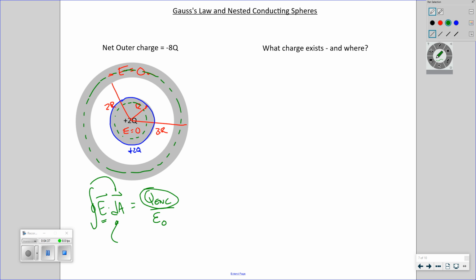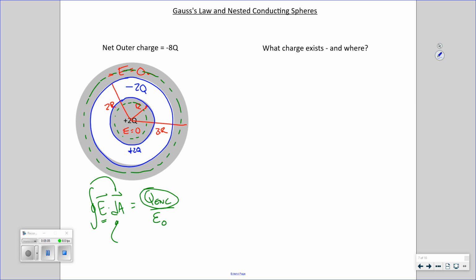It exists in a region where across the surface there's no electric field, and that means the surface must enclose no charge. Since there is charge positive 2q on the outer surface of the inner conductor, there must be an equal and opposite charge, negative 2q, there. For this Gaussian surface, if E equals 0, then Q enclosed must equal 0. Same thing here.